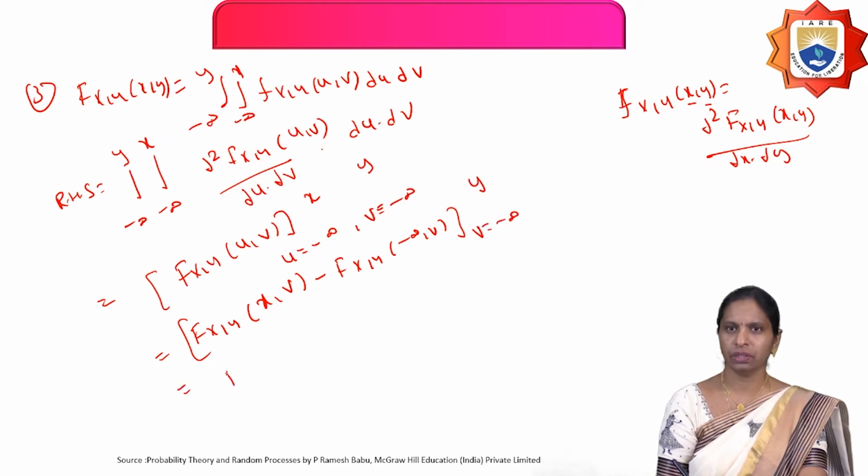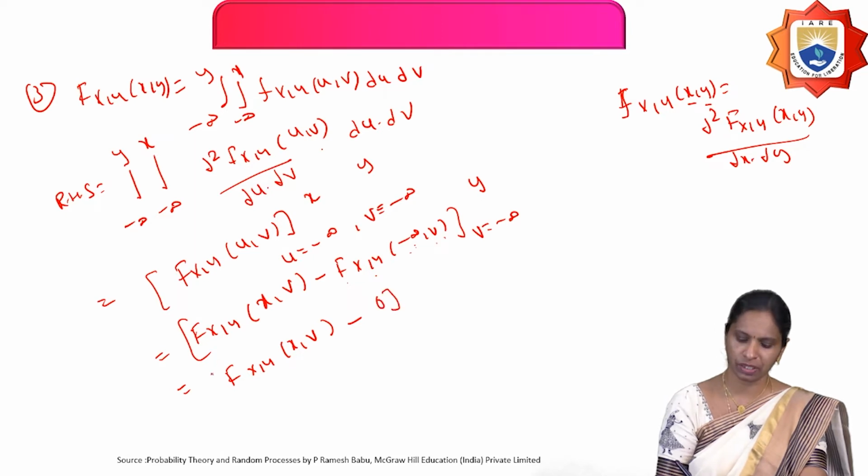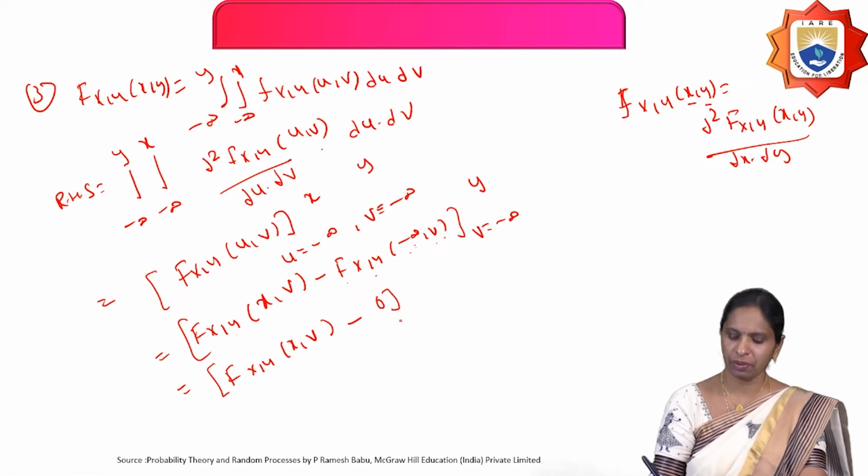So it goes to F_XY(x, v) minus, what is F_XY(minus infinity, v)? In the joint distribution function, if you keep any one of the variables as minus infinity, then that value is 0 from the properties of the joint distribution function, which we already discussed in the previous lecture. So therefore the v limits are from minus infinity to y.